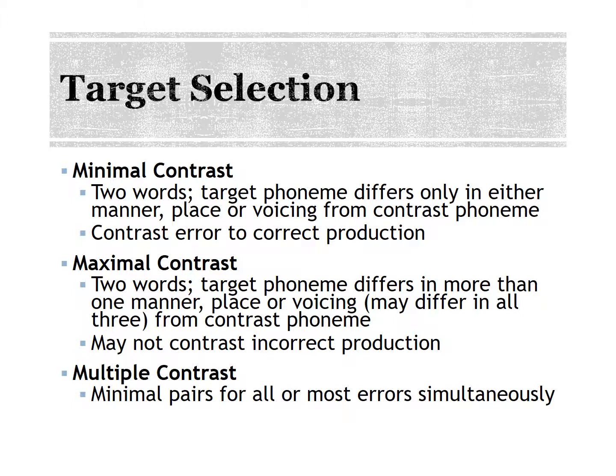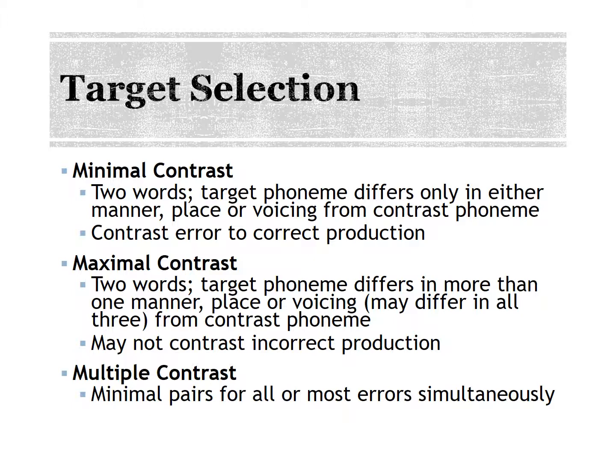Thus, the contrast is minimal. Here, word pairs are used that contrast the child's typical or error production to the target productions. Another way of thinking about this is that the word pairs that are produced are homonyms by the child.